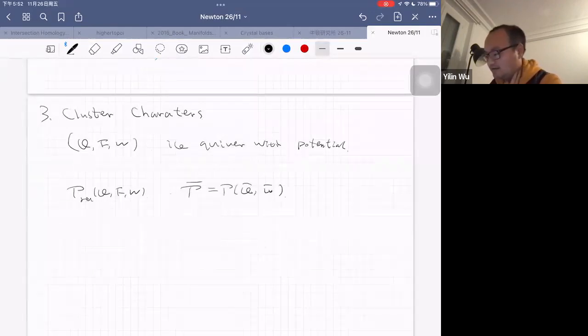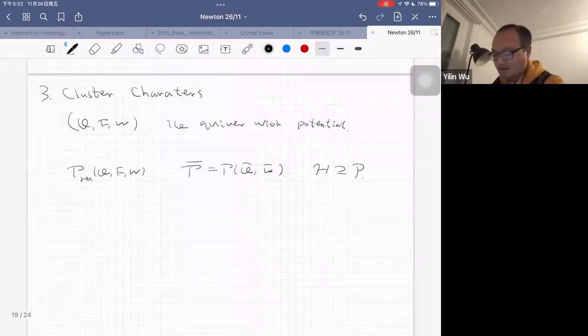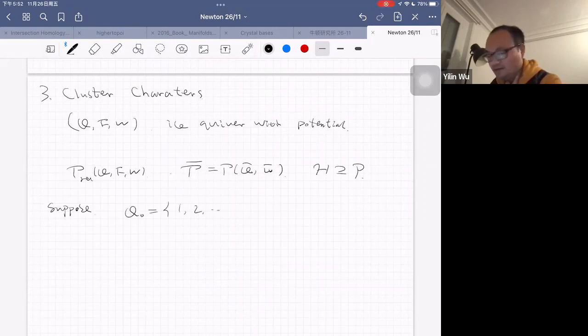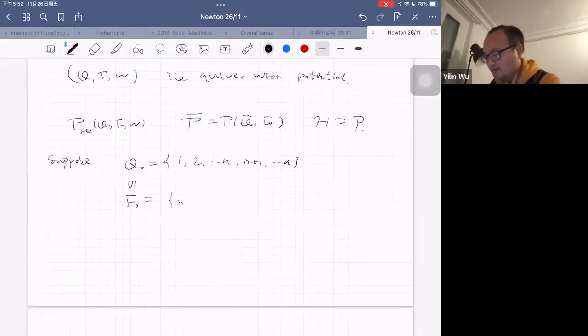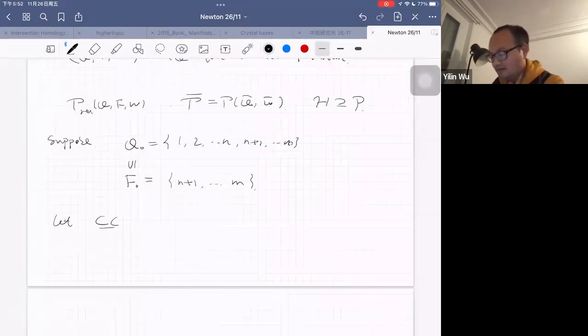We also have this Higgs category, which comes from a full subcategory P. Then suppose Q0 is given by the following vertices, where the frozen part is given by the last elements. Let CC be the cluster character defined by Plamondon.